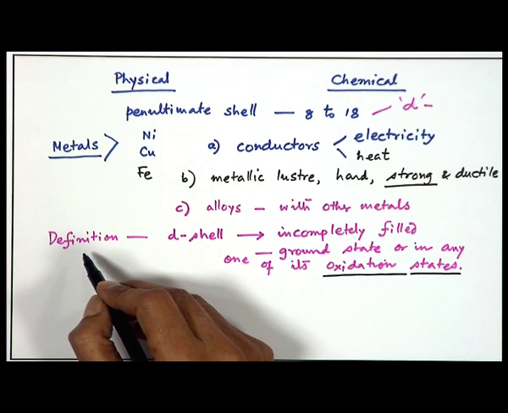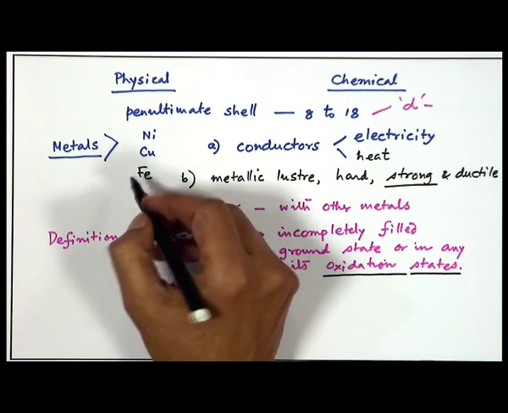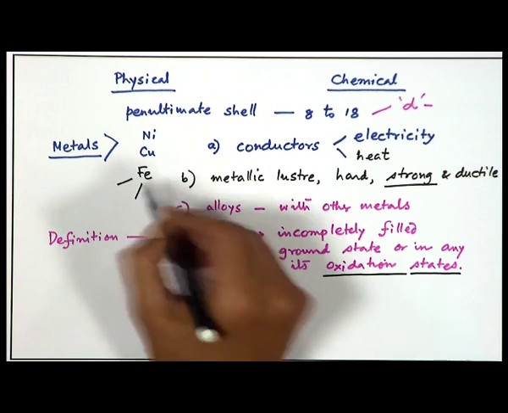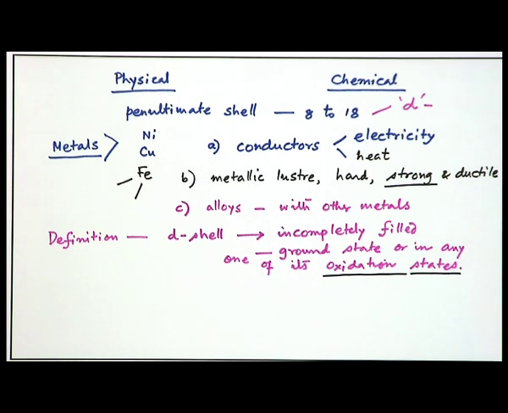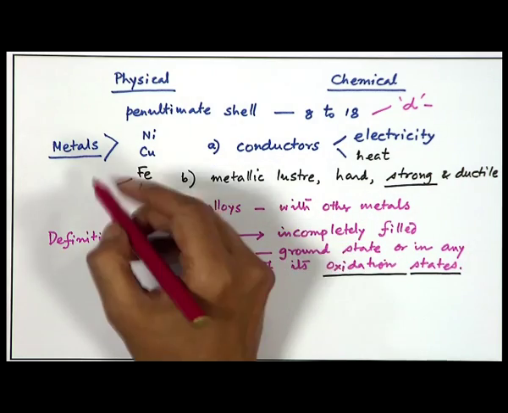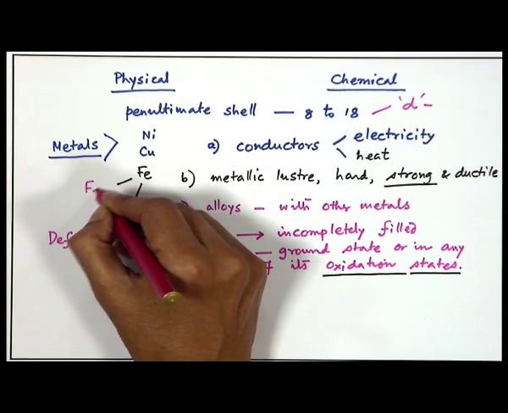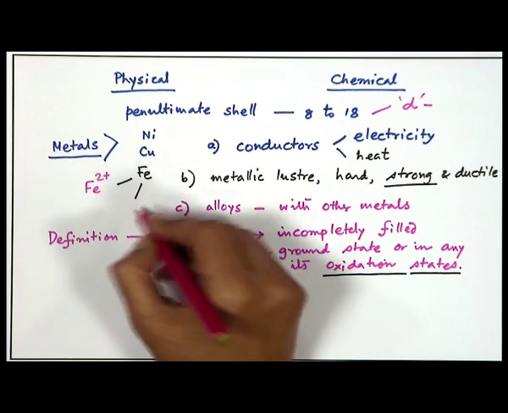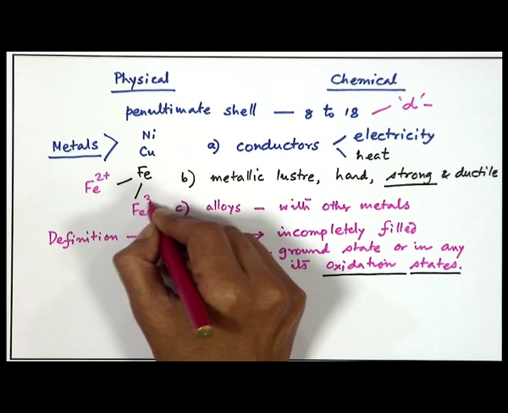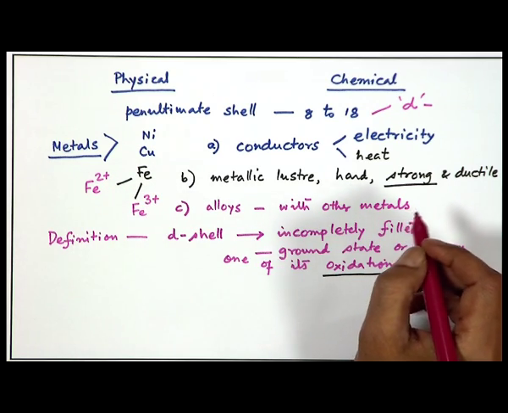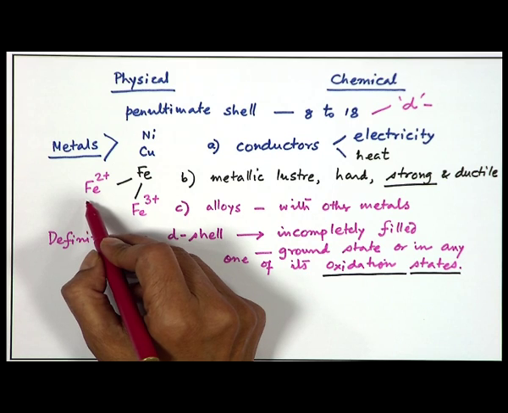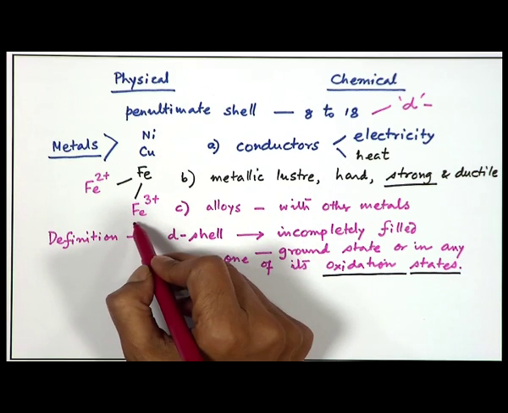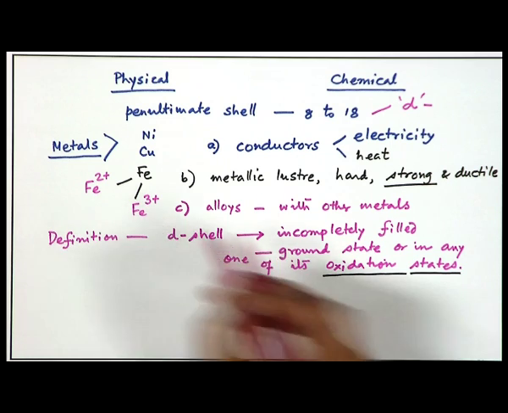Such that the most common example we know from early days of our schooling is that iron is there. We know that iron can have 2 plus or iron can have 3 plus. So, one we consider by the common name as the ferrous ion, another is known as the ferric ion.